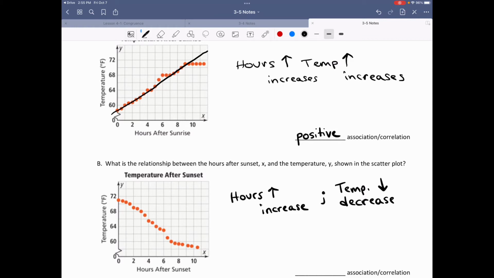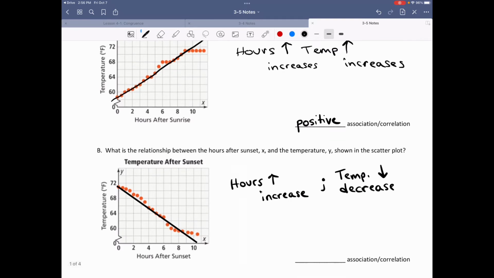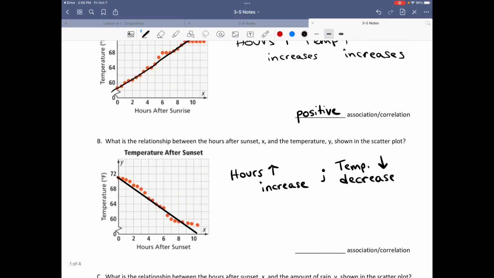All right, so that's going to be a line going through most of the points. There's a correlation here where most of the dots fall on that line or around that line, but the line is going downhill, and so this is a negative association or correlation.